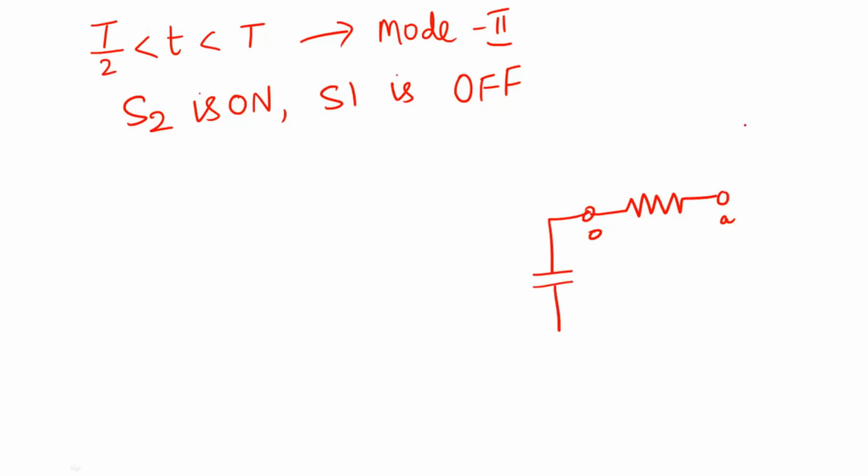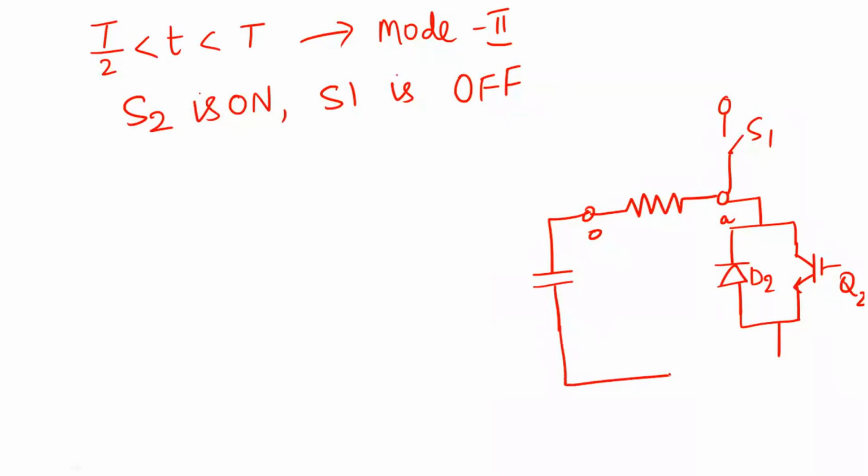As S1 is off and switch 1 is off, this is S1. Here we have realized the switch S2 with the help of a transistor Q2, with a diode connected in parallel with this Q2.